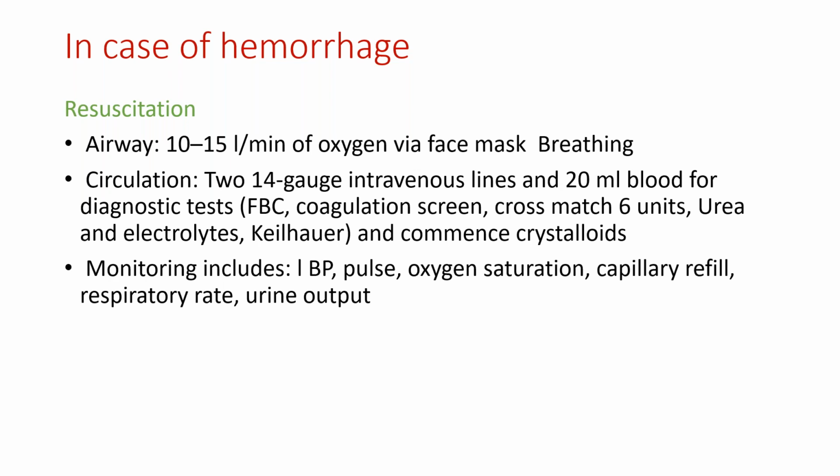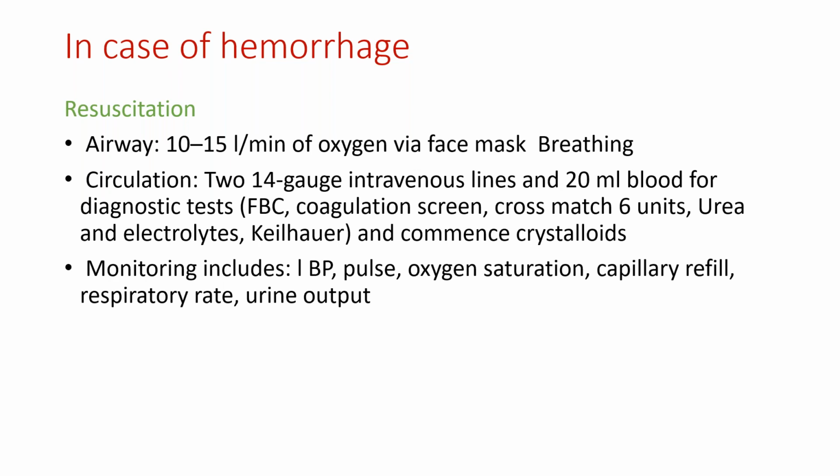Then to see the circulation, you should put 2 14-gauge intravenous lines immediately, and you take out all the samples for investigations, and you should connect the IV fluids, crystalloids or colloids. So basically we start with the crystalloids. If the BP is not improving with the crystalloid, then we go for the colloid solutions.